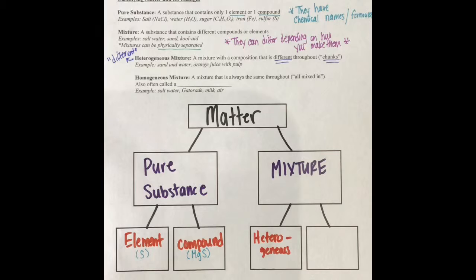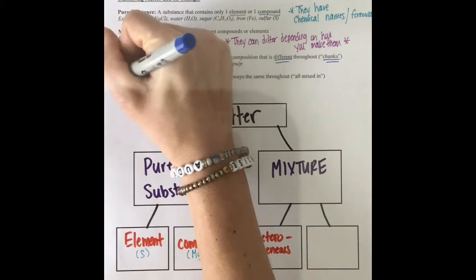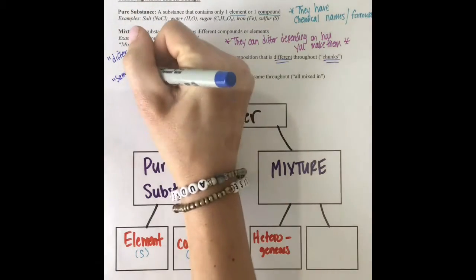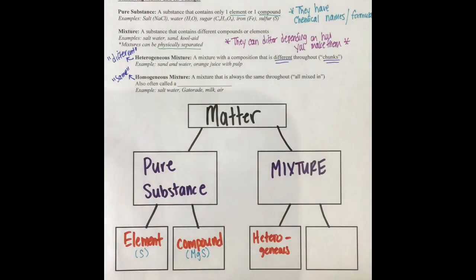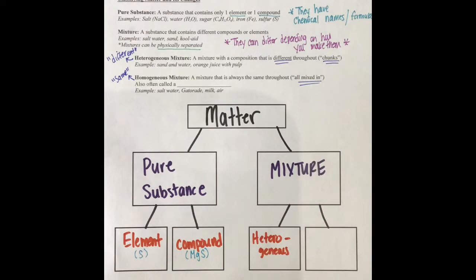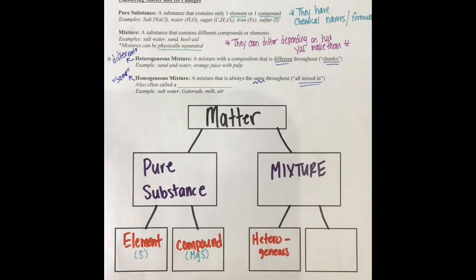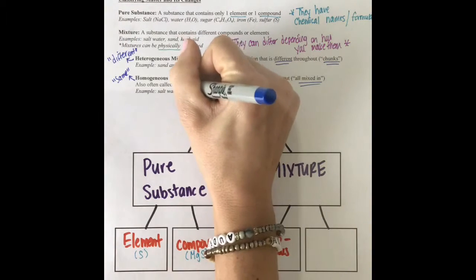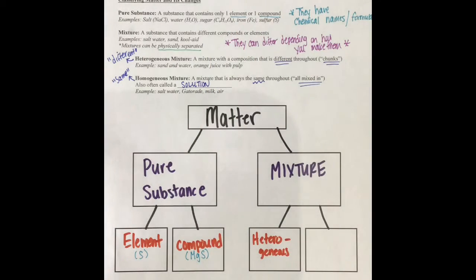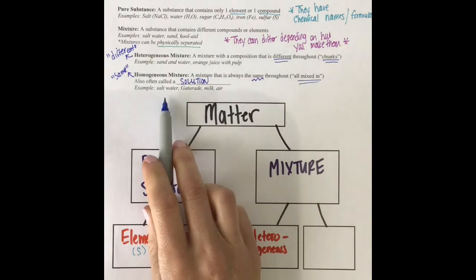Okay, a homogeneous mixture. The word homo means same. So when you look at a homogeneous mixture, it's going to look all mixed in. It's going to look the same throughout. And that's often called a solution. Okay, so some examples would be salt water.